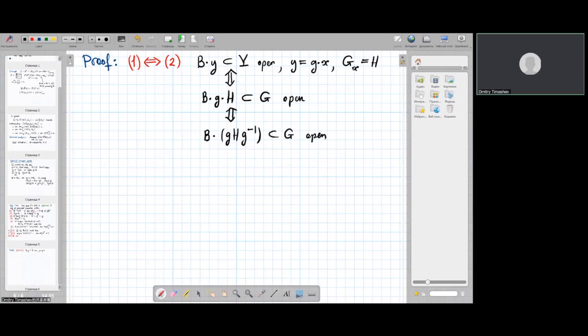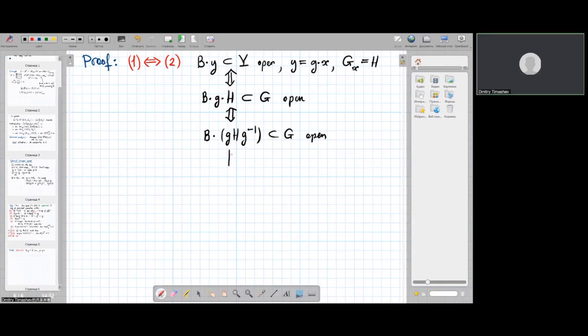You just can multiply what is written on this line by G inverse on the right. So now finally, this latter condition is equivalent to the condition 2.